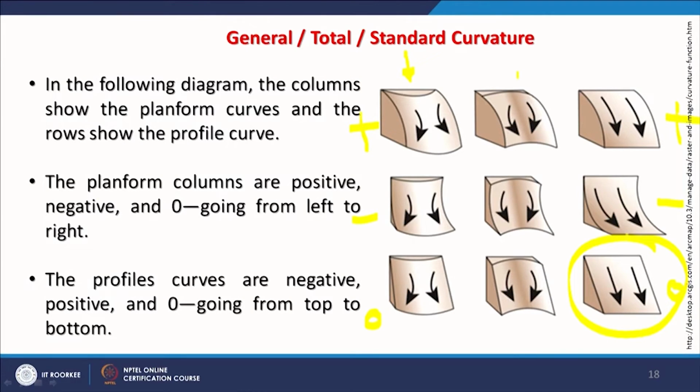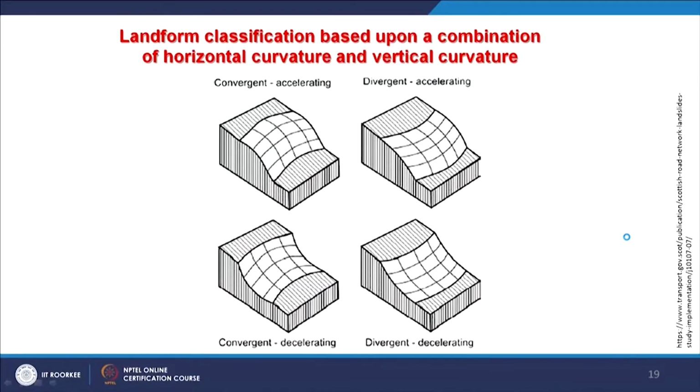Now, we can employ these curvatures, either total, plan or profile curvatures, for landform classification, which is based on a combination of horizontal curvature and vertical curvature. So, convergent will accelerate, divergent also accelerate, example here this one, and in this one this is convergent deaccelerating because now it is concave, and here divergent deaccelerating, and though it is diverting, but still it is deaccelerating.